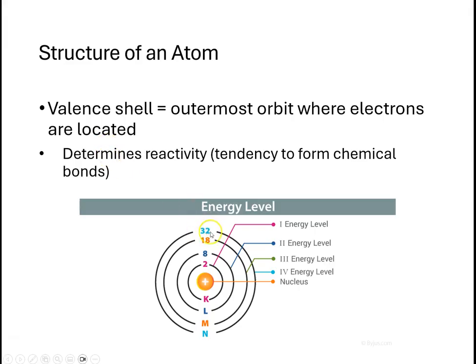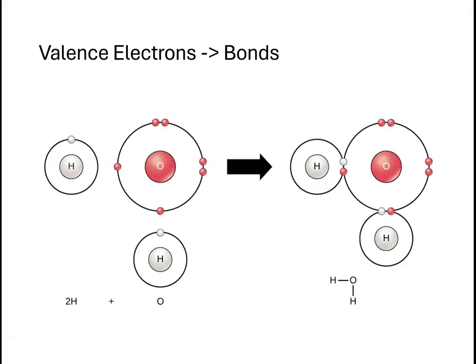So for an outermost valence shell, if there are only 28 electrons in there when it can hold a max of 32, that's going to make it much more reactive and more likely to form a bond. So hydrogen and oxygen are pretty reactive because they are not stable in that outer shell of electrons, so they want to find electrons to fill up that shell and become a lot more stable.